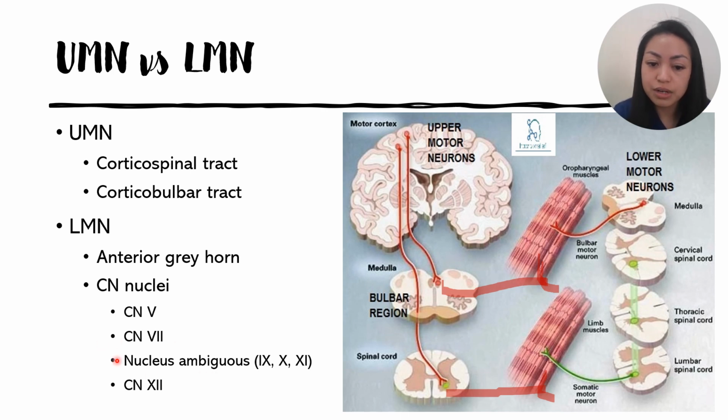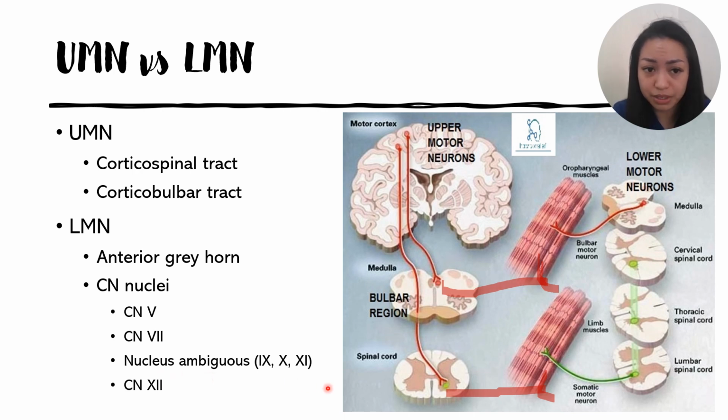And then the nucleus ambiguus has 3 cranial nerves. So it has cranial nerves 9, 10, and 11: the glossopharyngeal, the vagus, and the spinal accessory nerve.